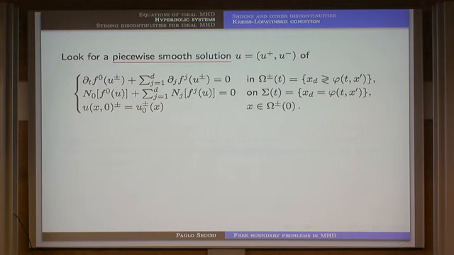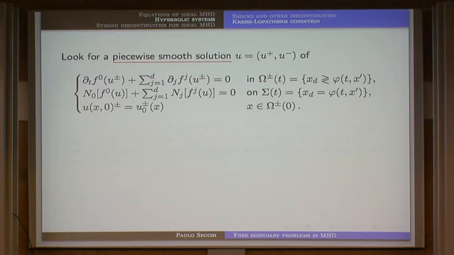It is a hypersurface. Assume that it is given in this form. So there is the last space variable, xd, given by a function of time and x prime, the other space variables. So assume that this sigma of t is a graph of a function written in this way.